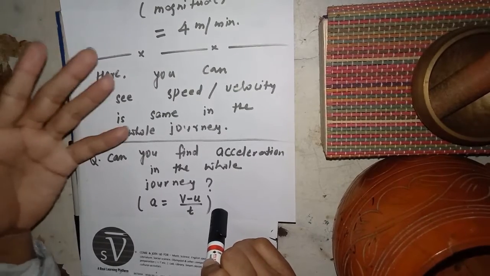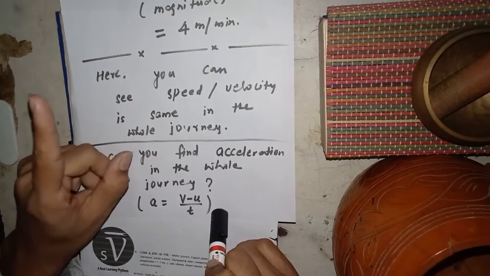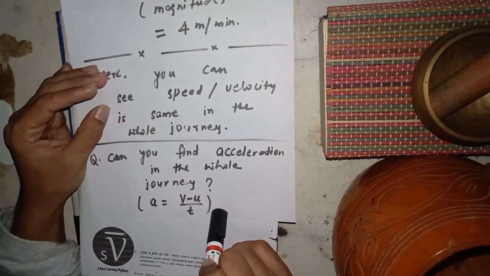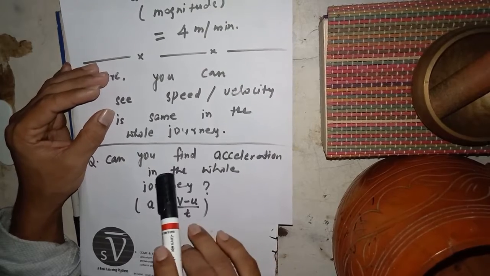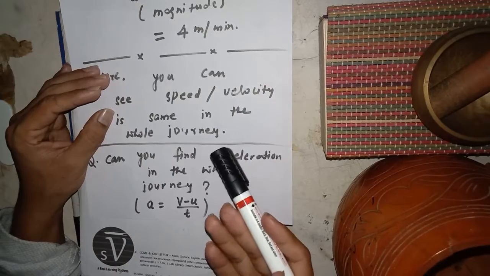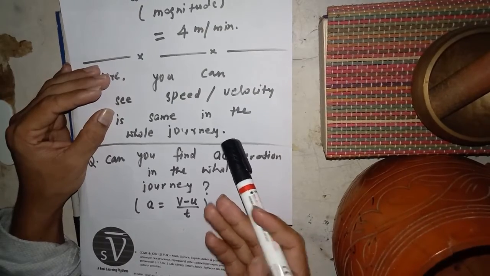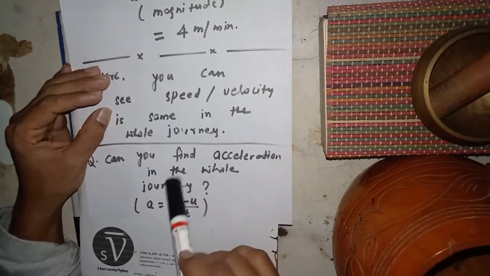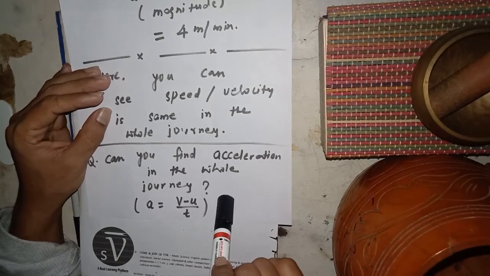So what is the change in velocity or speed here in 1 second or in 1 minute? Surely in this case there is no change in velocity. That's why the change in velocity is 0. So acceleration is 0 here. Have you got my point? So there is no acceleration at all in this case.